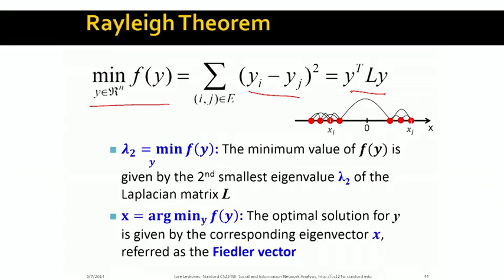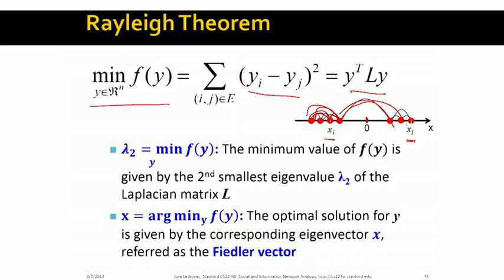As I mentioned before, we are trying to assign nodes to the left and to the right-hand side of 0 in such a way that the sum of the labels equals 0, and the sum of the squares of the labels equals 1. And we also want to minimize the sum of the differences across the edges, which means we want lots of edges between nodes on the same side of 0 and few edges that cross between the two sets.